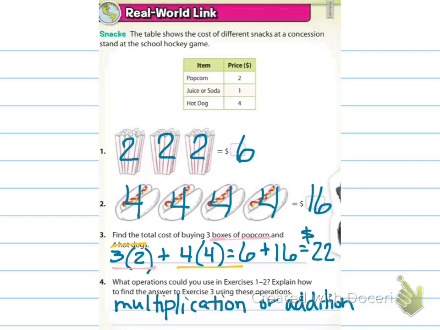And then if I add those two together, my 6 plus my 16, it's going to be a total of $22. It asked in number 4 what operations could you use in exercises 1 through 2. And you could either use multiplication or addition. And then whenever you're solving for number 3, I used actually both multiplication and addition because I multiplied the 2 separate and then added them together.